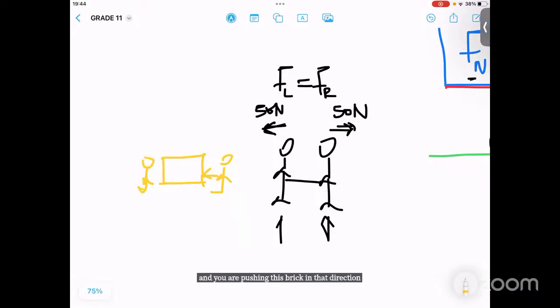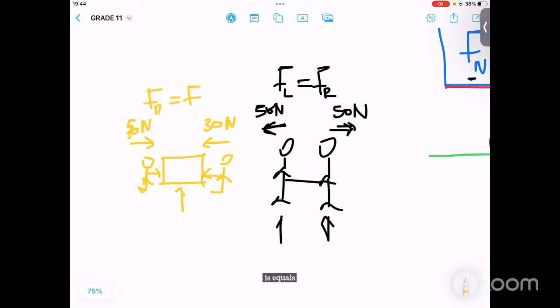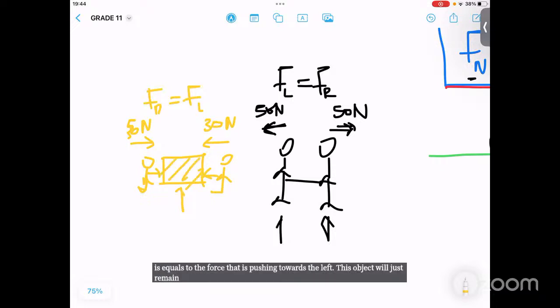Another one here is pushing in that direction. If you are pushing with a force of, let's say, 30 Newton to the right, and this one is pushing with, again, 30 Newton, but to the left, this thing is not going to move because the force pushing towards the right is equal to the force pushing towards the left. This object will just remain there.